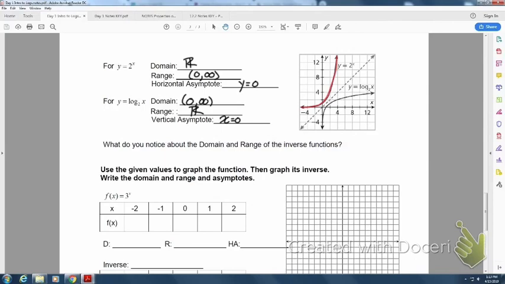Kind of like the graph that we looked at the front. There's my vertical asymptote. So my domain is going from the asymptote to infinity. Alright, so that relationship is still going to exist. Whenever we were in exponential, your horizontal asymptote was always included in your range. Whenever you have log, your vertical asymptote is always going to be included in your domain.